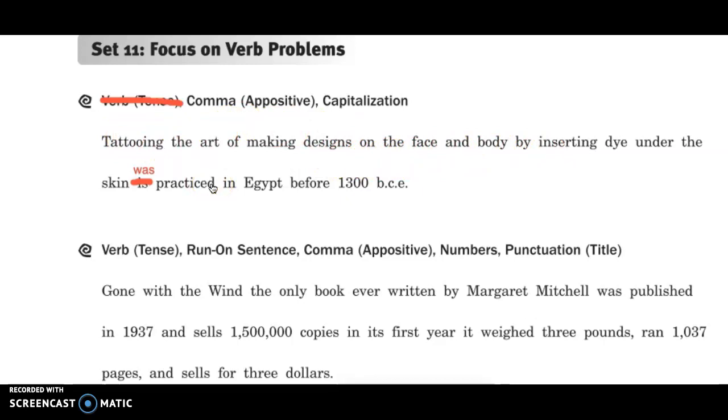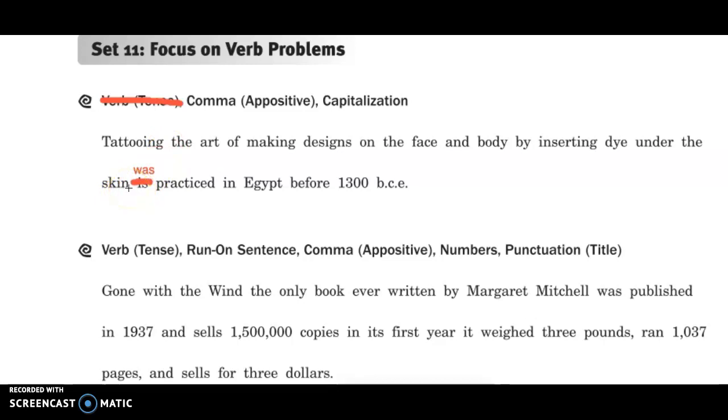Also, another trick that you can use to find the appositive is listen for appropriate pausing. Pausing can indicate where commas belong. Listen again for pauses. Tattooing, the art of making designs on the face and body by inserting dye under the skin, was practiced in Egypt before 1300 BCE. Did you hear that pause? The pause happened right after tattooing, and it also happened after skin.